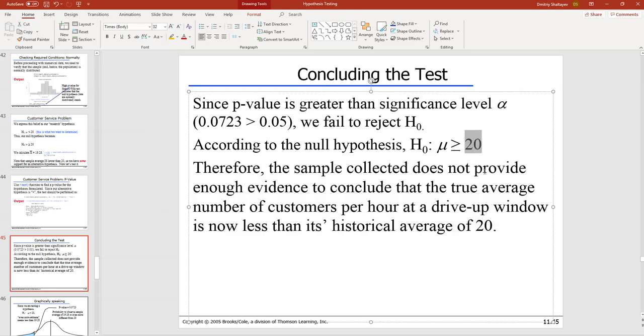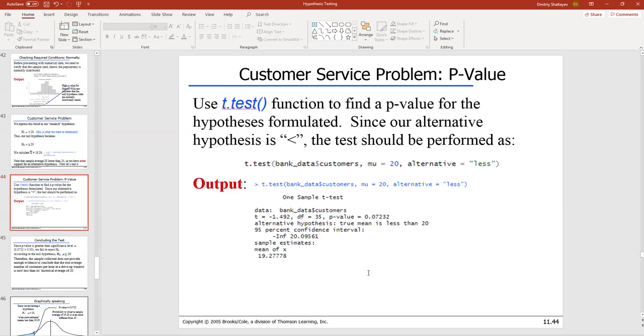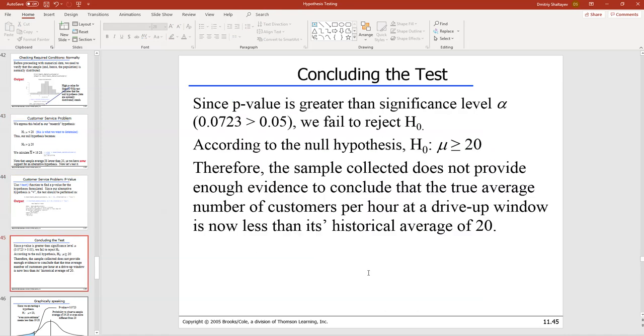So in other words, I still believe in the null hypothesis. I failed to reject it. Even though there was a blip on the radar, I took the sample and the average in the sample was 19.28. That by itself is not an indication of the problem yet. I tested the hypothesis and this number is not that far away from 20 for me to ring the alarm bells.